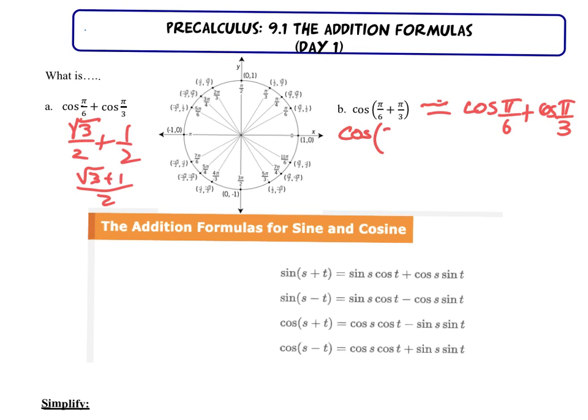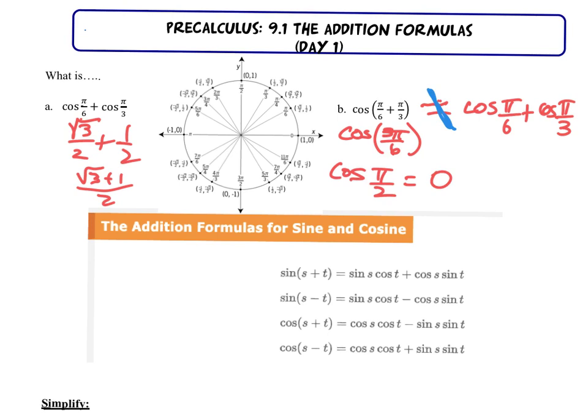So that's going to be 3 pi over 6, because you would multiply the pi over 3 by 2 over 2. Well, that's cosine of pi over 2, and clearly, the cosine of pi over 2 is 0. So here's the deal. This is not true. You cannot distribute the cosine.